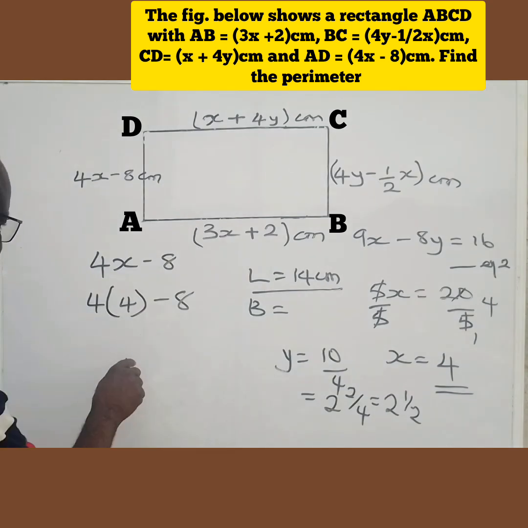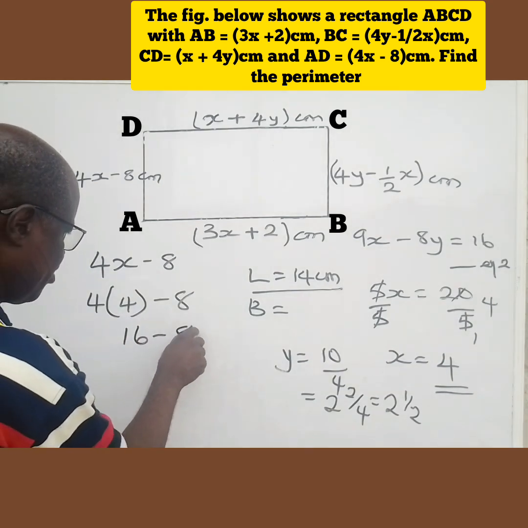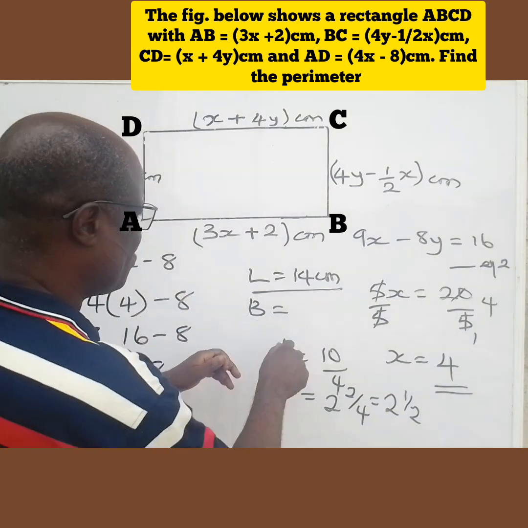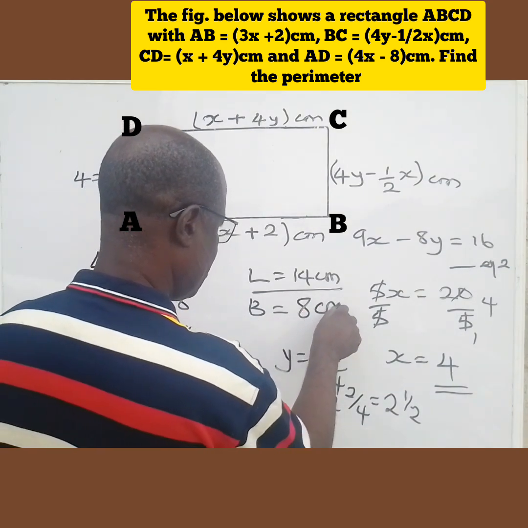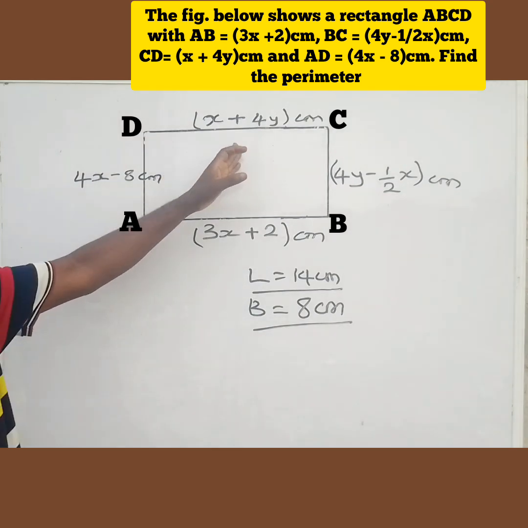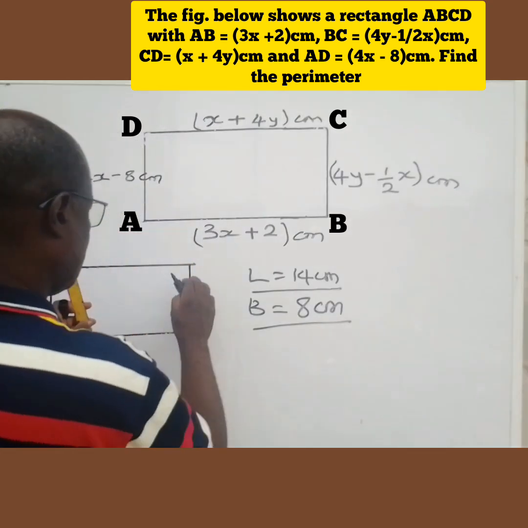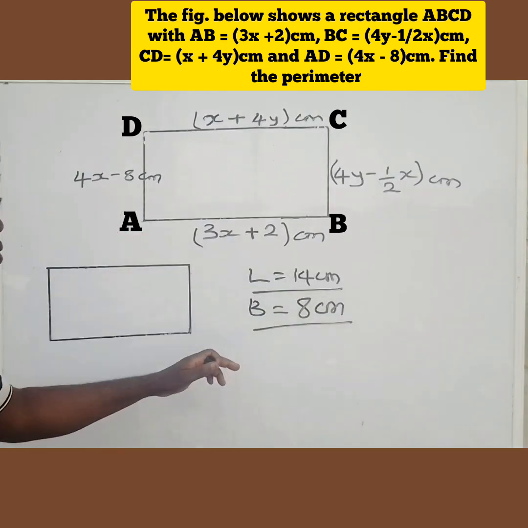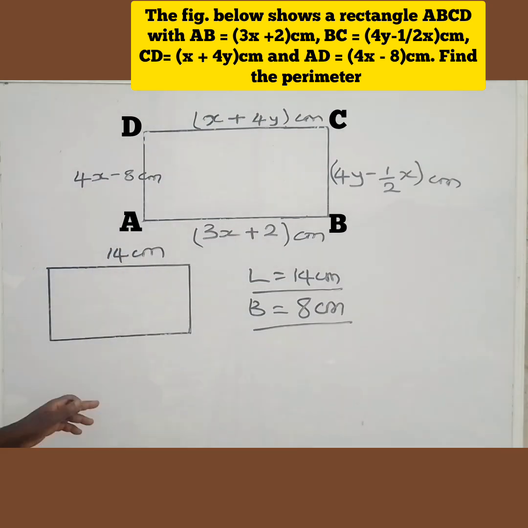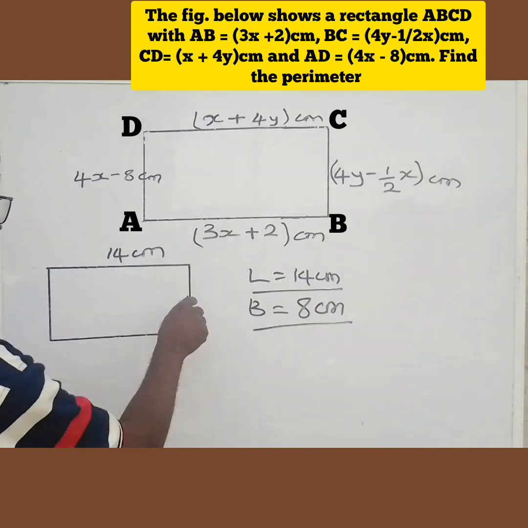Four times 4 is 16. 16 minus 8 is 8. So my breadth is 8 centimeter. So the work is almost over. I want to draw this diagram again. So the length here is 14 centimeter. That's the actual length. The breadth here is 8 centimeter.